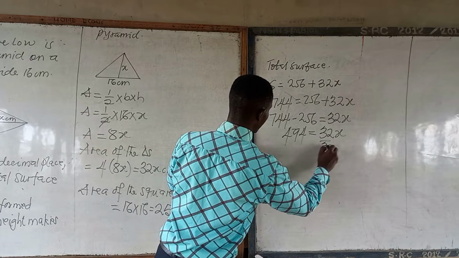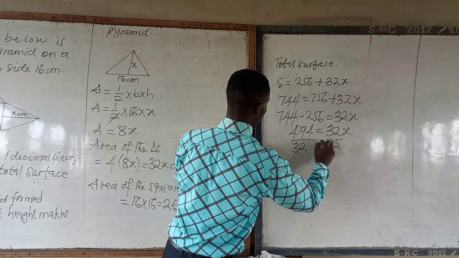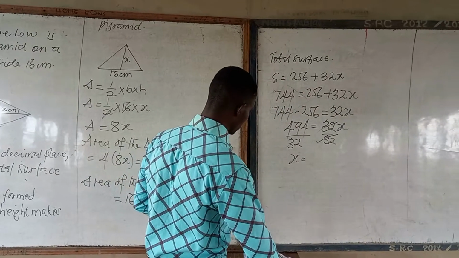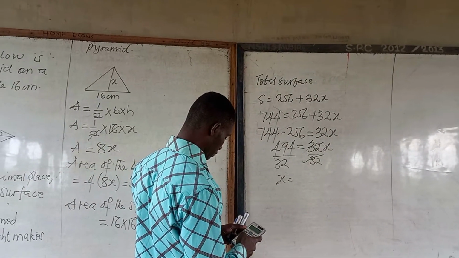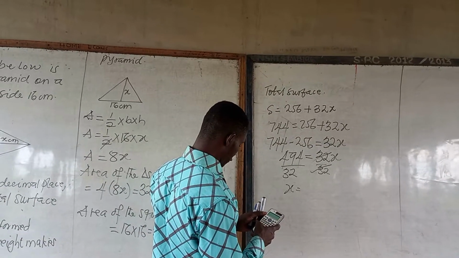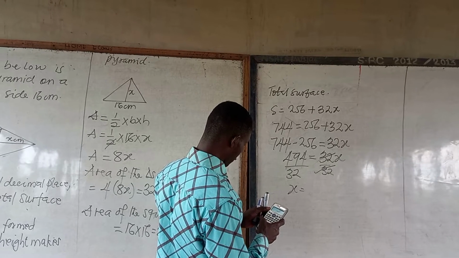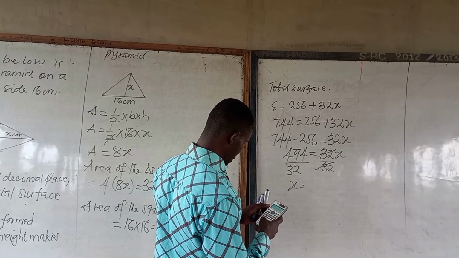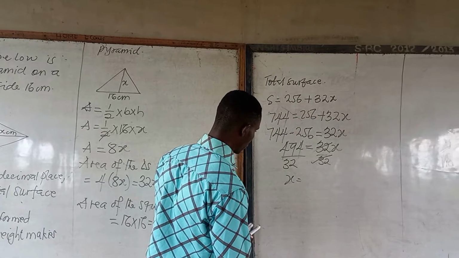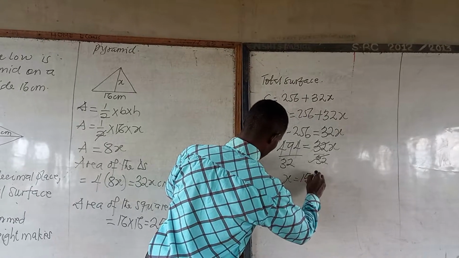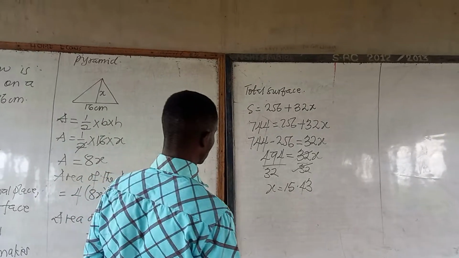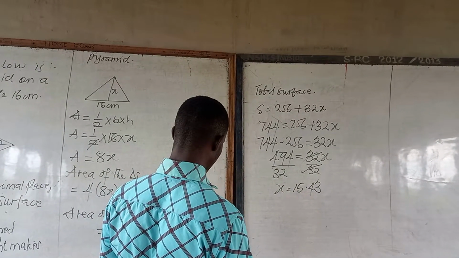So x equals 494 divided by 32, which is 15.43. That is the value of x.